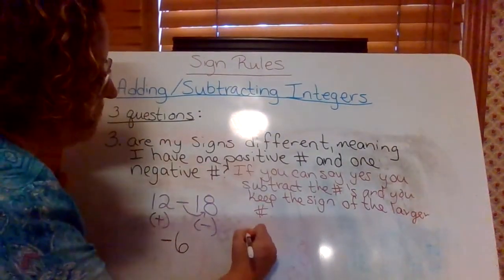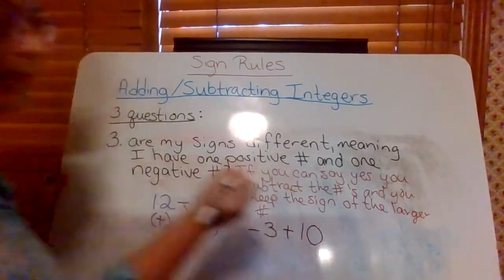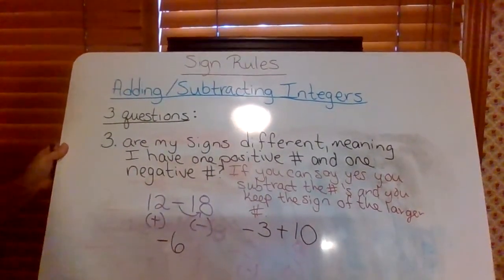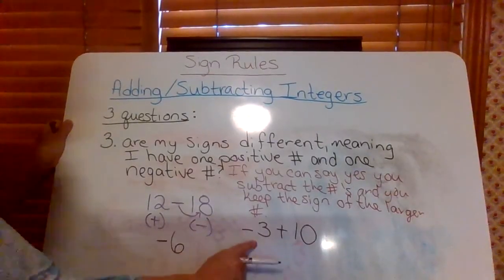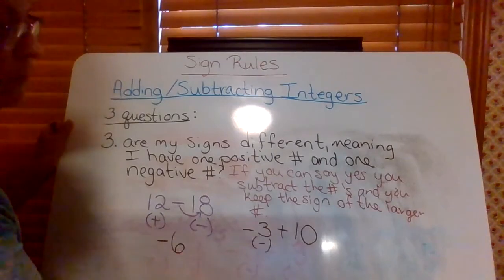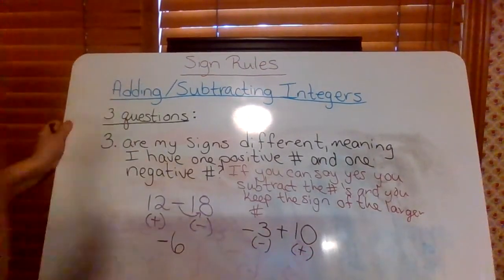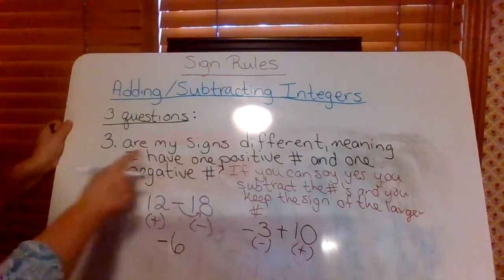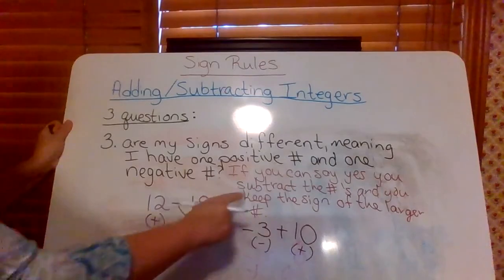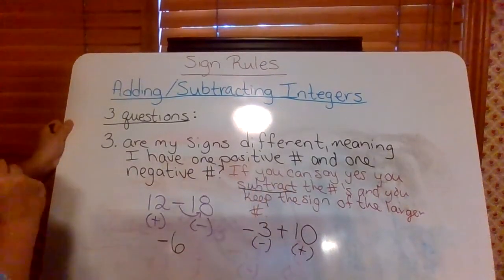Let's say that I have negative 3 plus 10. All right, now I just flip-flop their order. So in this case, this one is my negative. This one is my positive. So I have one negative, one positive. So that brings in this question. So that means that I'm going to subtract.